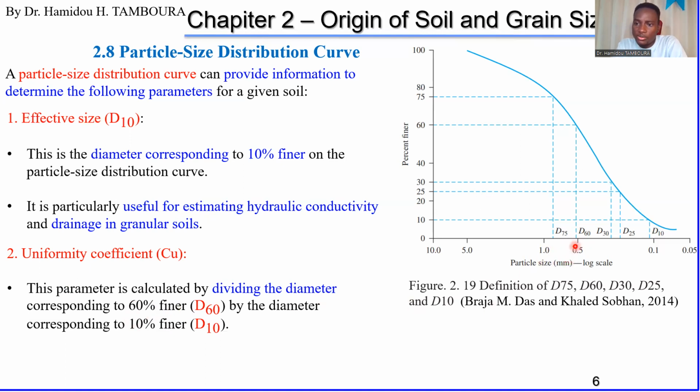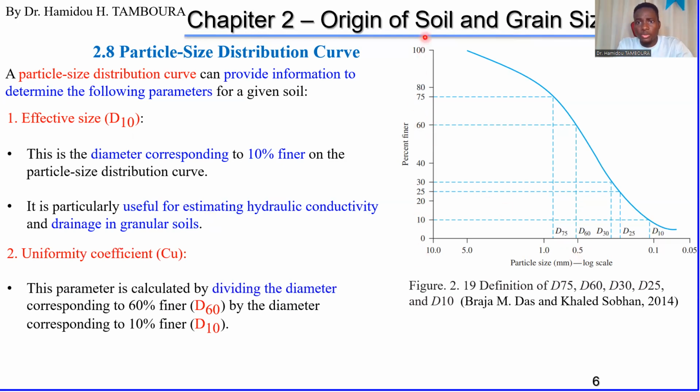If, for example, this D60 is 0.5, it means 60% of the particles of the soil have a grain size smaller than 0.5. And how can you get this diameter, D60?